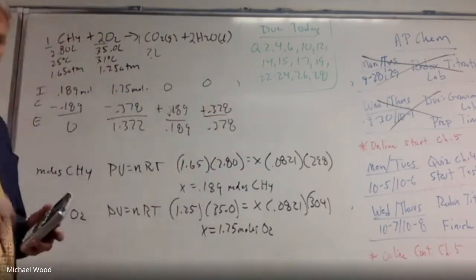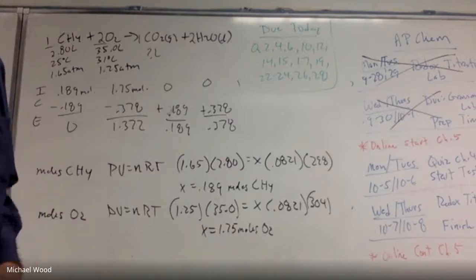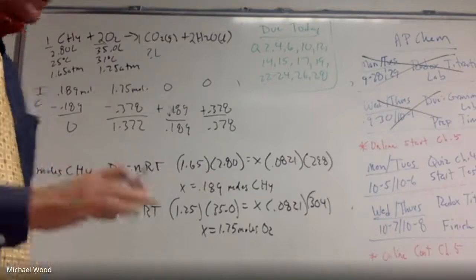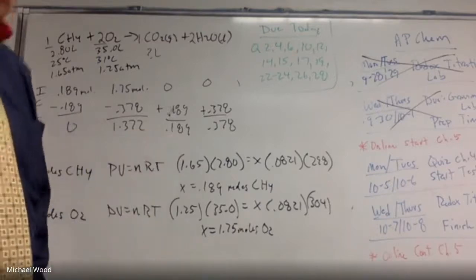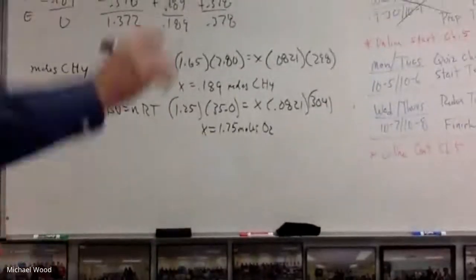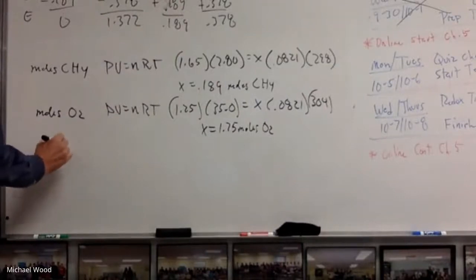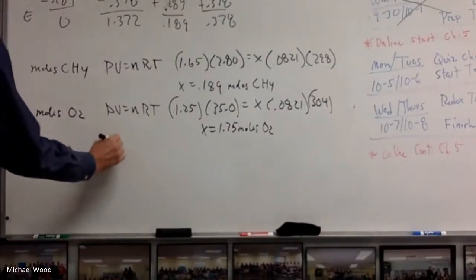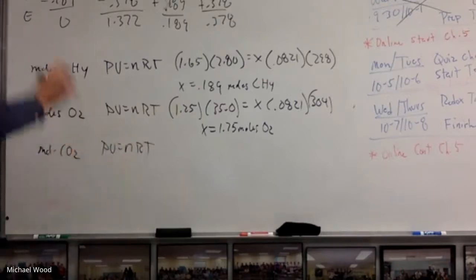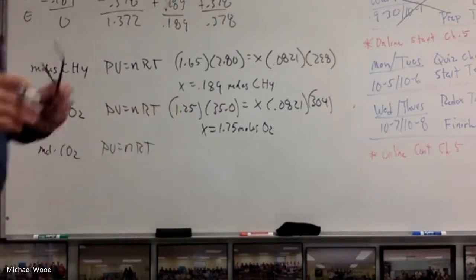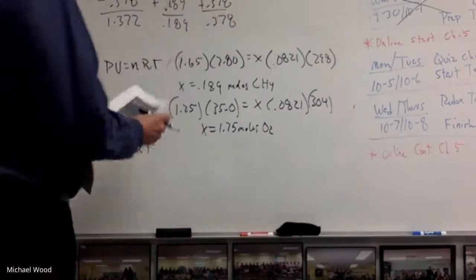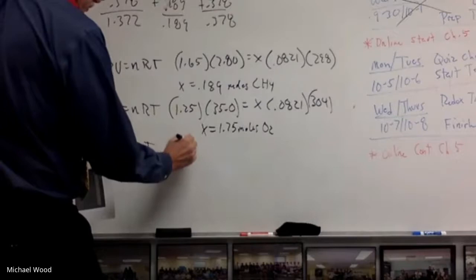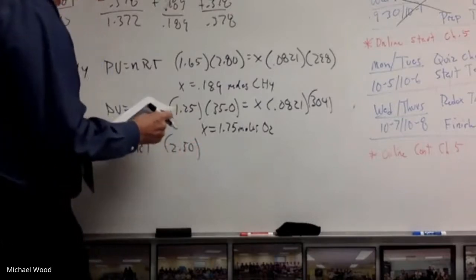Okay, so the first question then is the volume of CO2. So I'm going to take this. I now know how many moles of CO2 are produced. And now I'm going to go back and do a PIV-NERT problem. So the pressure, and it says that the total pressure is 2.50. So this is after the reaction.